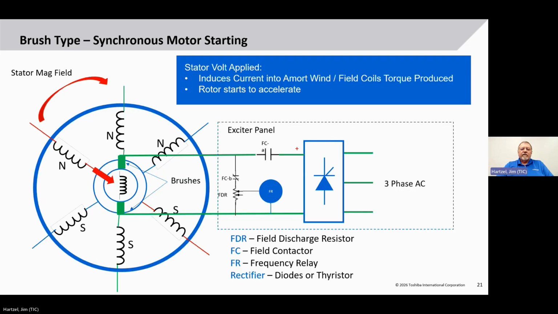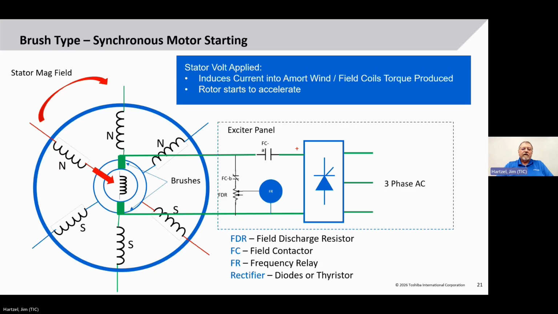Okay, here is a typical exciter panel with the same motor. As we apply power to the stator, we induce the fields into the rotor. We start to turn, and you'll notice out here in the exciter, we have that field discharge resistor.